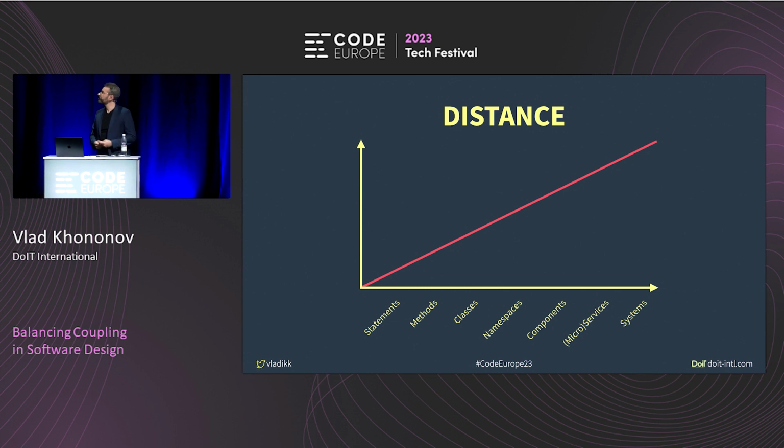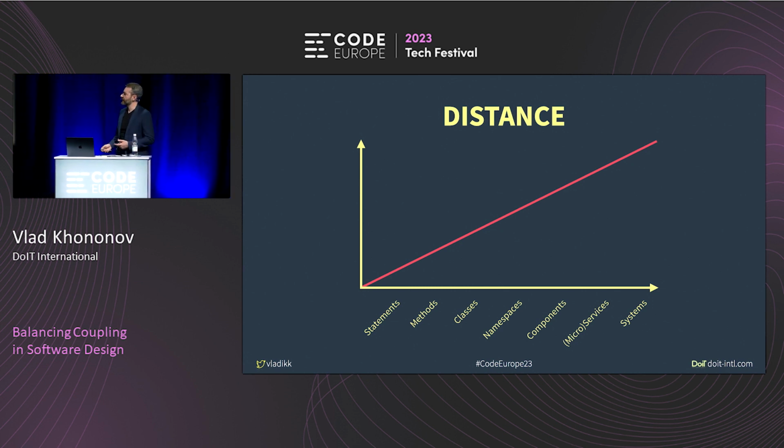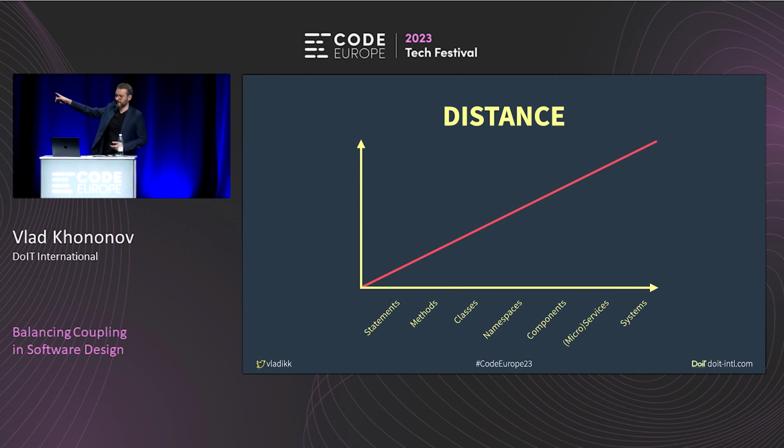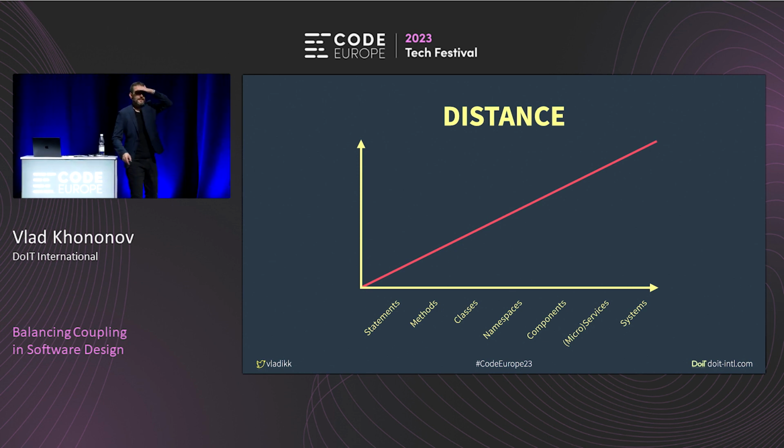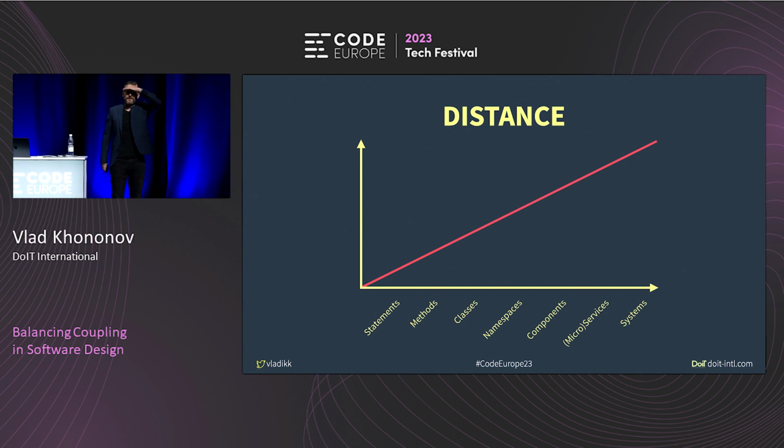Now, the interesting thing here is, what do we have on that vertical axis here? What do you think? Some ideas, shout it loud.